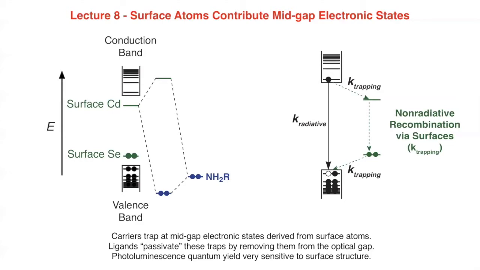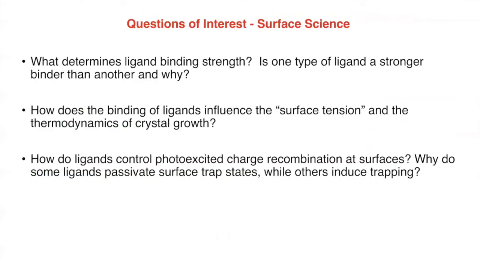Okay, so ligands are very important to electronic properties. Okay, so let's talk briefly just about some questions of interest that we would like to understand better. Things like, what determines ligand binding strength?